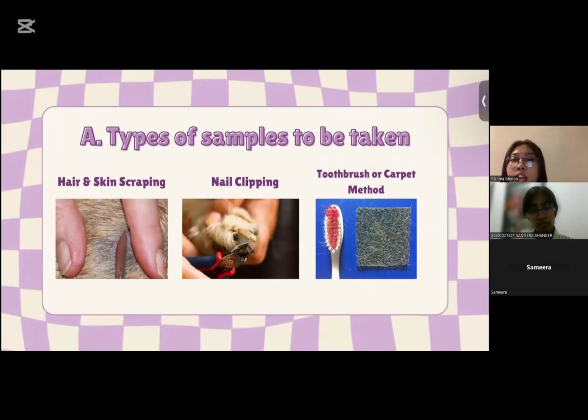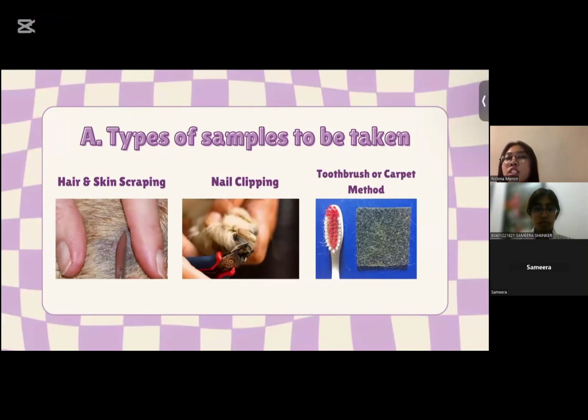Next, if the infection involves the nail or claw, nail scrapings or clippings may be collected. These are usually taken from affected nails and subungual debris beneath it, as fungi tend to colonize the keratinized tissue in these regions.